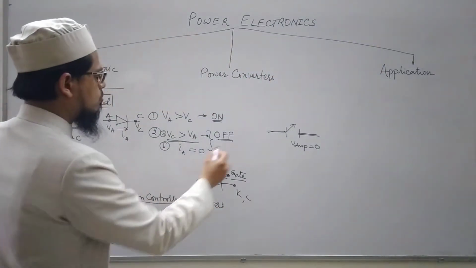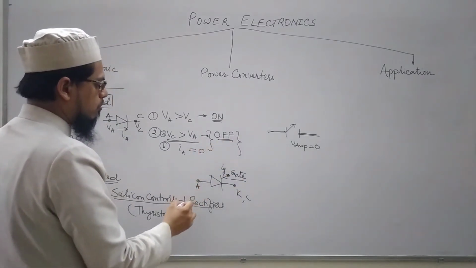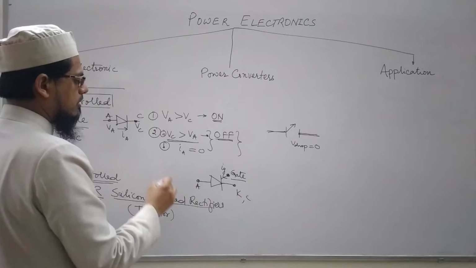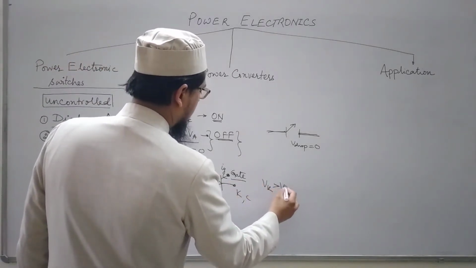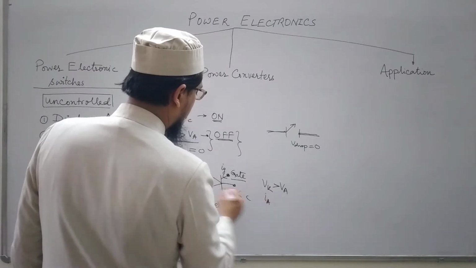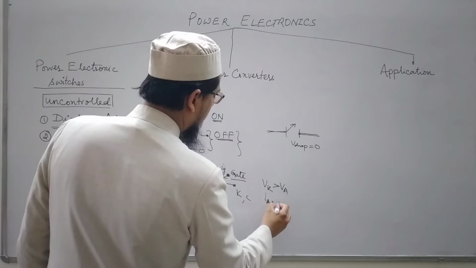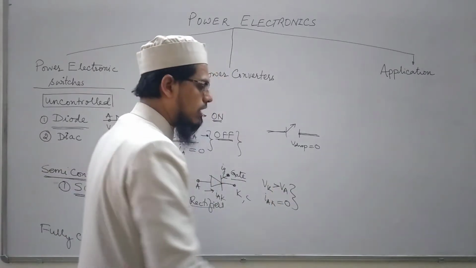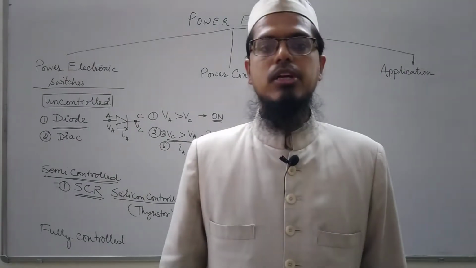That means the off conditions should also hold good for SCR. Here also, if Vk becomes greater than Va and the current IAK reduces to 0, these two conditions, which are circuit dependent, are satisfied, then the SCR turns off.